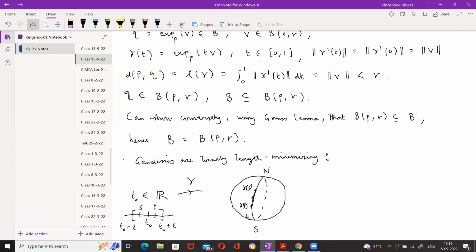As soon as it becomes bigger than pi, so this is gamma(0), and this is gamma(pi), as soon as I take any point, say p equal to gamma(pi plus epsilon), then this is no longer length minimizing, because instead of going this way, I would go backwards. That way would be the shortest curve.